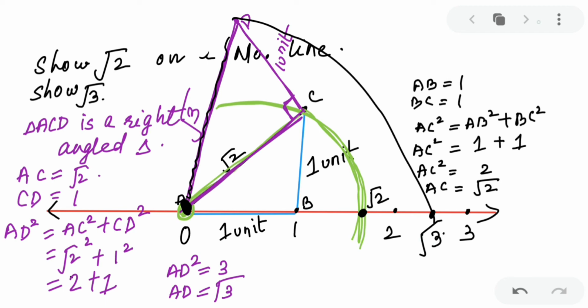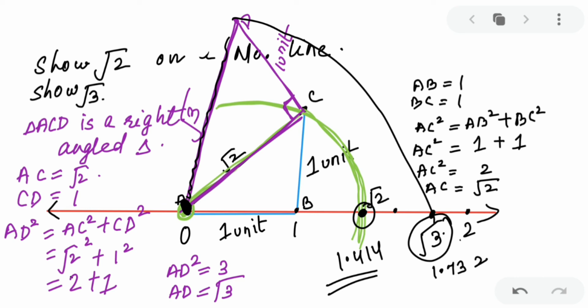My dear kids, this is not the actual measurement, so I am getting between 2 and 3, but in your books you will be getting it between 1 and 2, because the value of root 3 is 1.732 and the value of root 2 is 1.414. In the same structure, now you got this as root 3, correct? This was root 2.